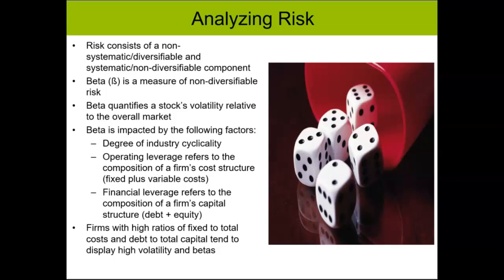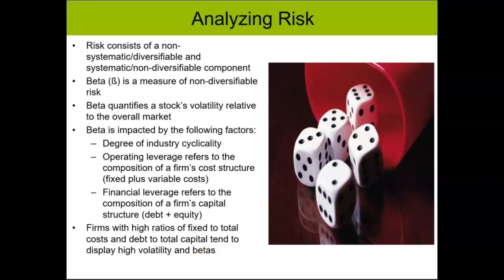Therefore, both operating and financial leverage represent the incremental boost to earnings and cash flow once a firm's fixed expenses, for example depreciation and interest expense, are covered. That is, once these fixed expenses are covered, the bulk of each additional dollar in revenue will go to earnings. In other words, firms with high ratios of fixed to total cost and debt to total capital tend to display high volatility and betas.